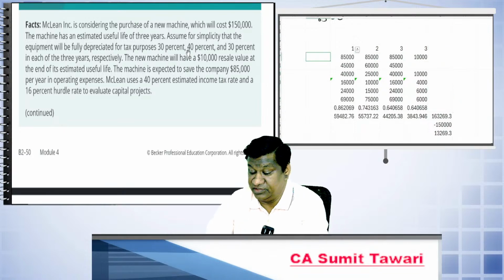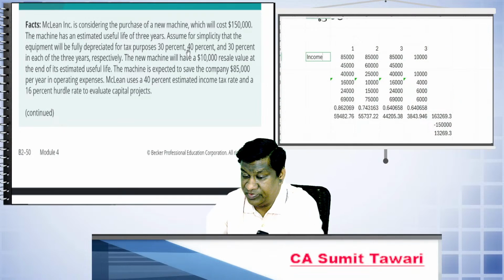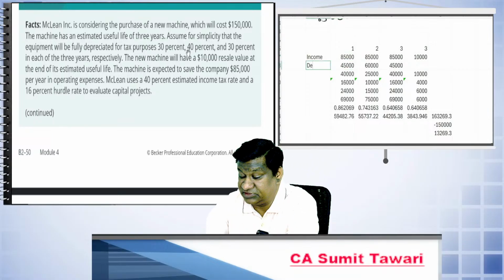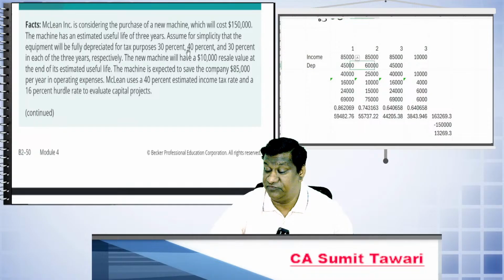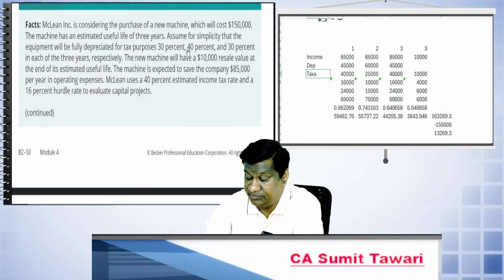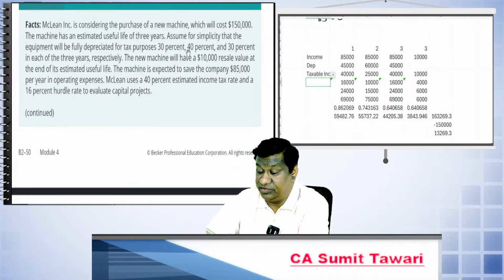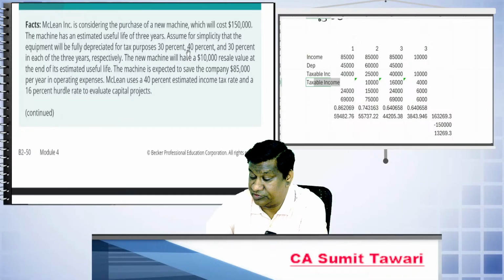Okay, so again, I'll write here. This is all my income. Saving in expenses because of installation of machine is basically the income generated. Then it is depreciation at the rate of 30%, 40%, 30%. So it is taxable income. Then the tax amount at 40%.